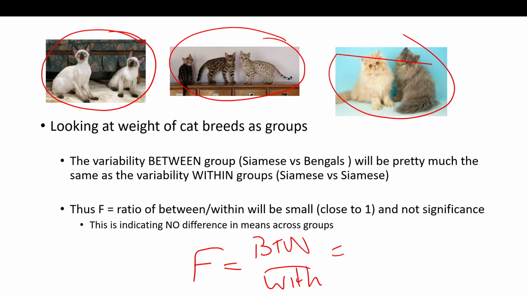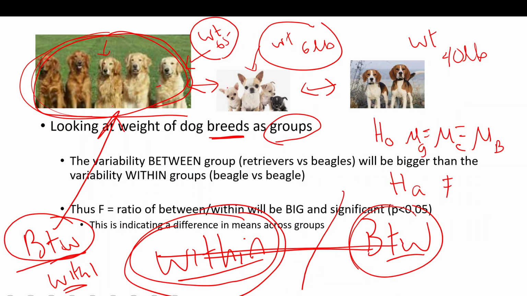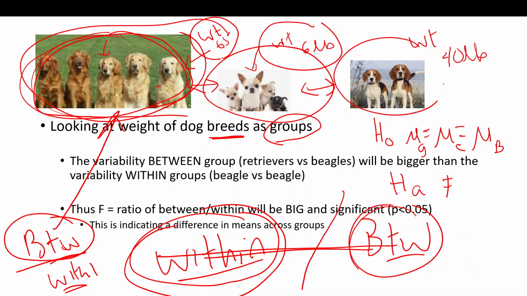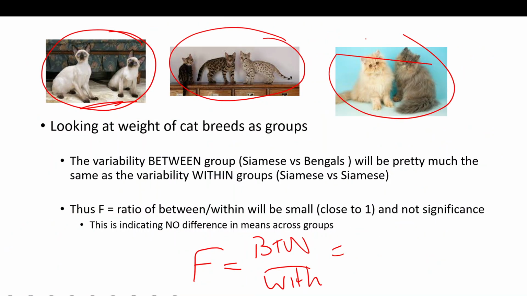It wouldn't matter if we pooled all the cats together. You're not going to have groups with weights way different from each other. So your F ratio won't be big, your p-value won't be less than 0.05, and you won't have a significant difference across groups.